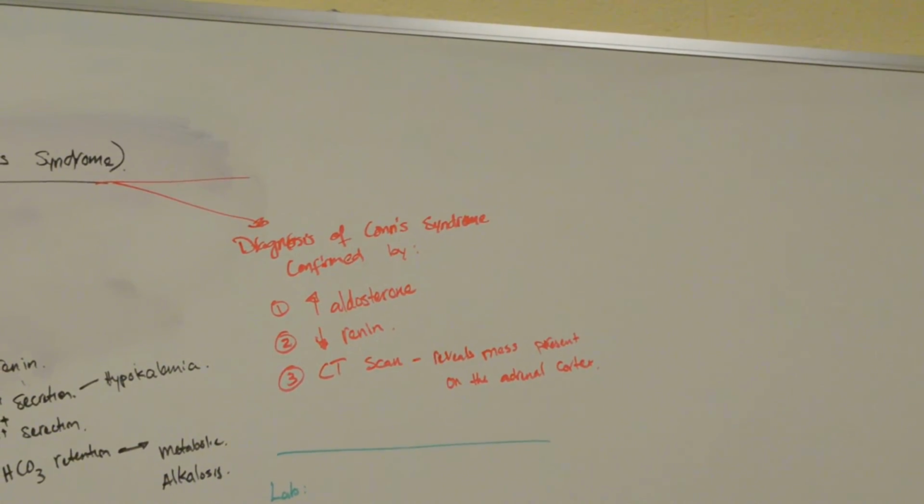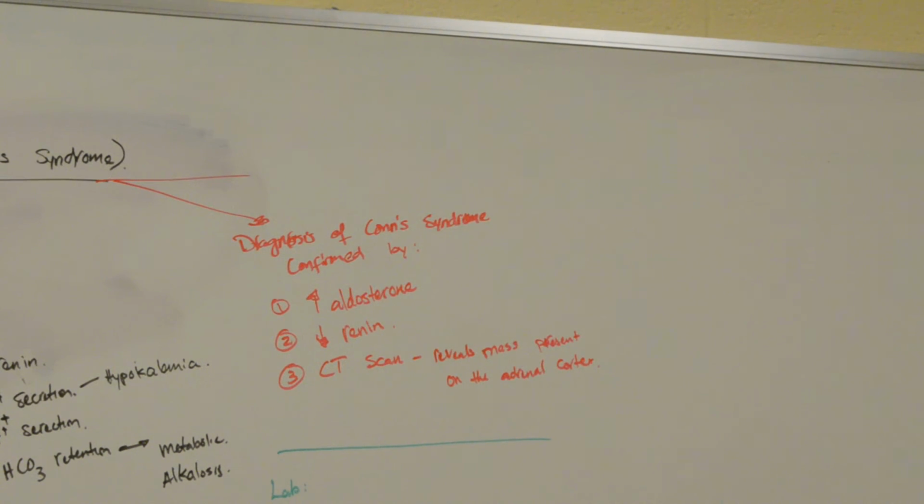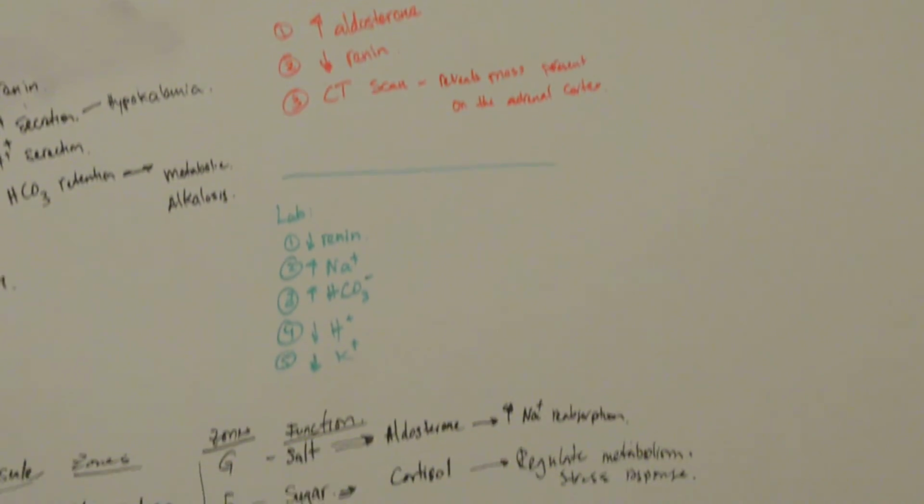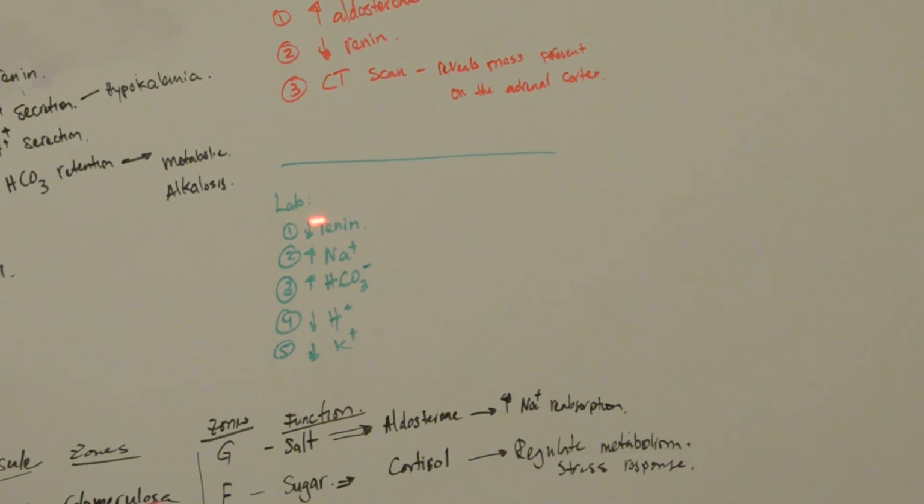The diagnosis for Conn's syndrome is confirmed when we see an increase in aldosterone and a decrease in renin. That pretty much tells you it must be Conn's syndrome. If you see on the test, the lab values, a decrease in renin and an increase in sodium and an increase in bicarbonate, then it's a high suspicion that it could be Conn's syndrome.